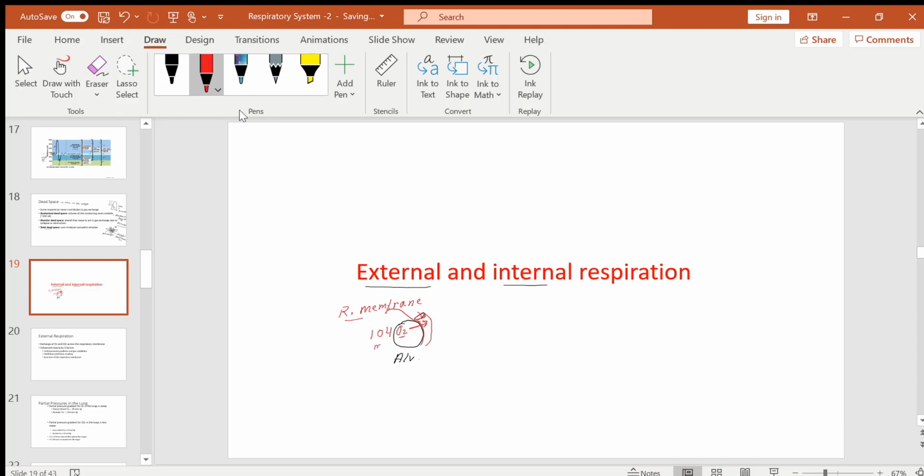Okay, and inside the blood, when blood enters into the lung, it is only 40 millimeter of mercury. So you see the pressure difference is 64. 104 inside the alveolus and only 40 inside the capillary. Okay, so due to that 64 millimeter of mercury pressure difference, that's a lot, right? The oxygen will move from the alveolus to the blood. So blood will get more and more oxygen.